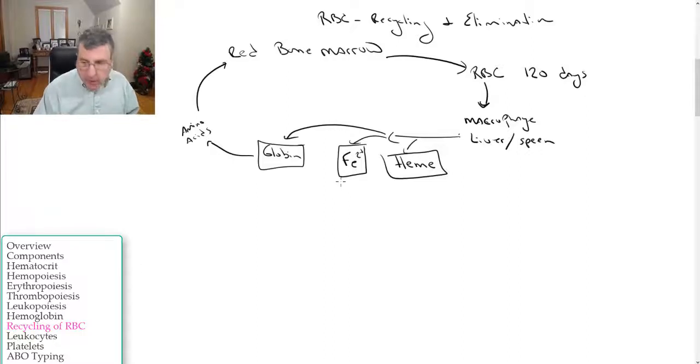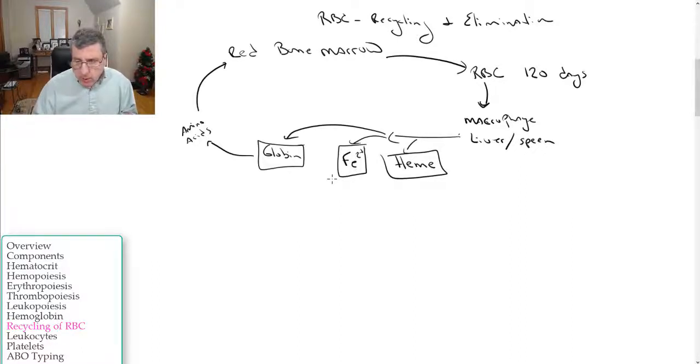Iron, on the other hand, can take a couple different areas. Iron, and I'm going to skip a couple steps on some of these because when they are transferred from one place to another, they are either on a carrier molecule or they're converted to another component. I'm not so concerned about that at this point. What I do want you to know is the process of where it goes.